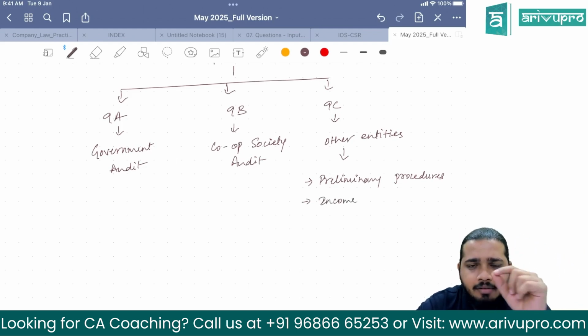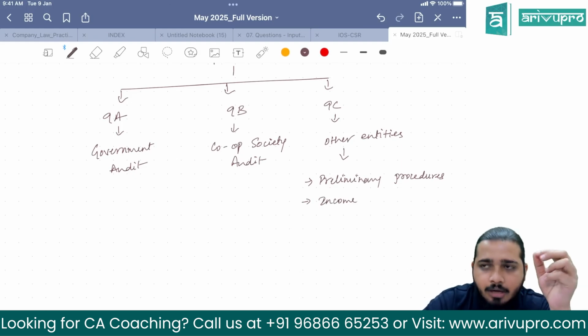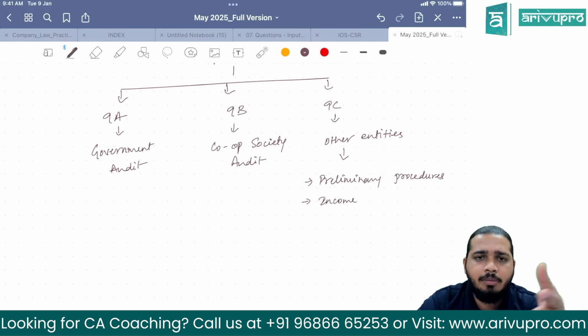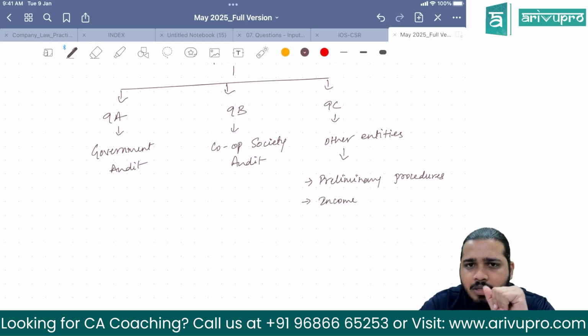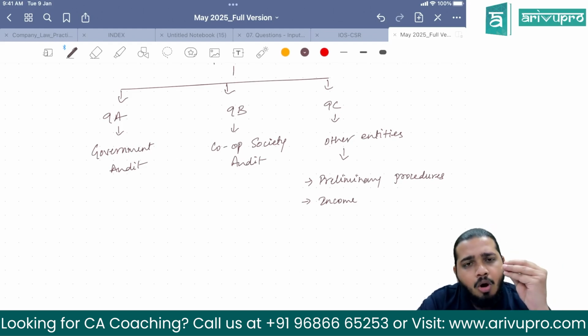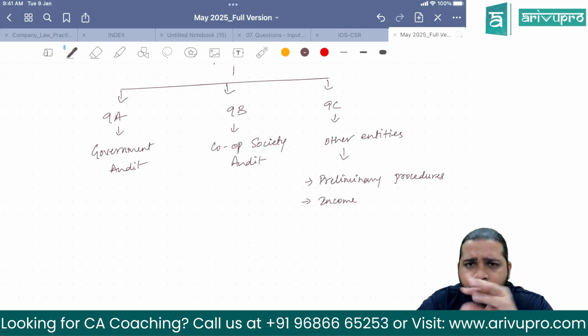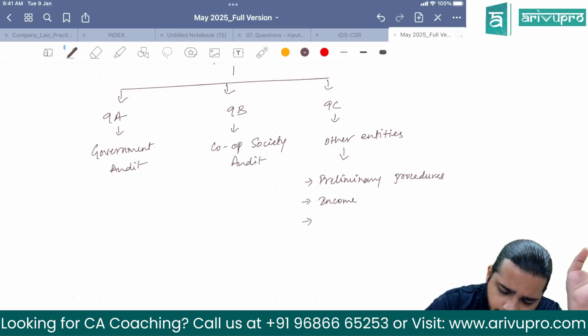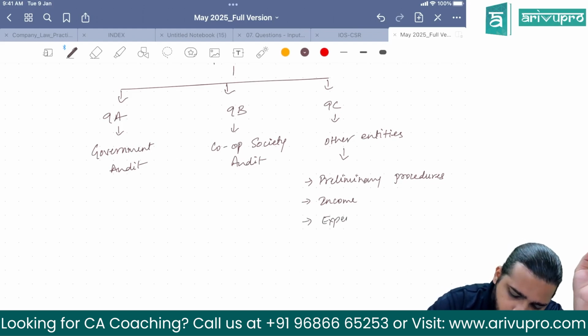income. Every entity will have income. It may be through donations or it may be through business, but income will 100% be there. So the next heading will be income, and under this you can put all the income related points. Clear? Then comes expense, so P&L items are covered.